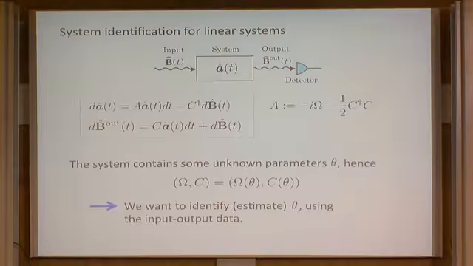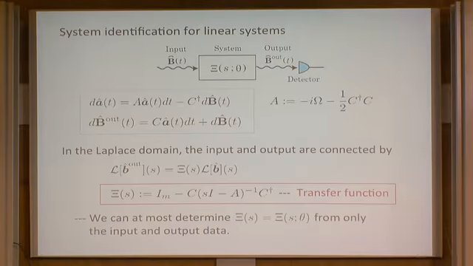Okay, but in the linear case, we can take a very convenient approach in terms of the Fourier transfer function. So in the Laplace domain, the input and output are connected by this very simple input-output relation. Here LB is the Laplace transformation of B in, and LB out is the Laplace transformation of B out.